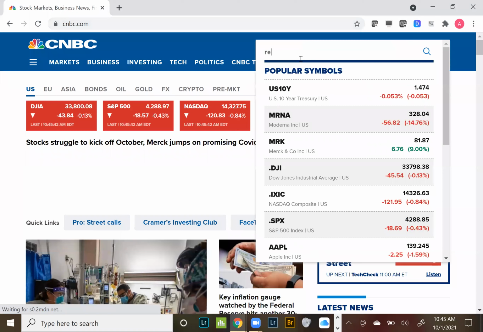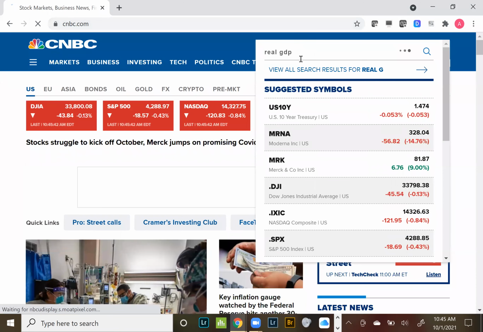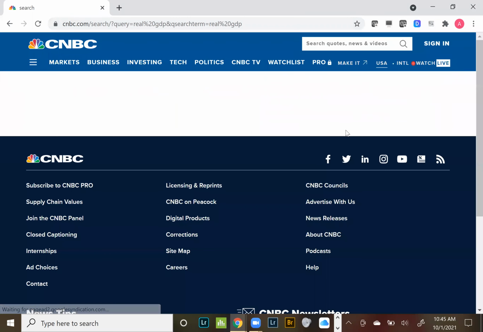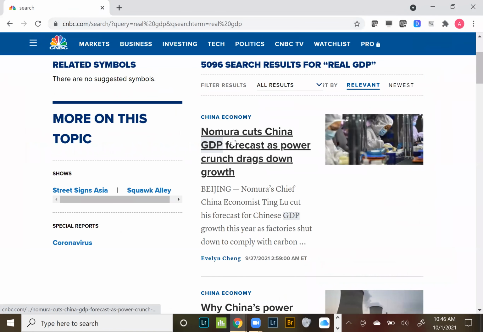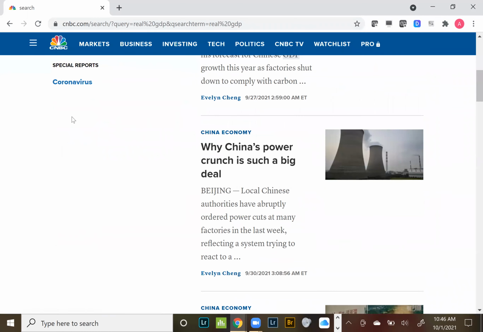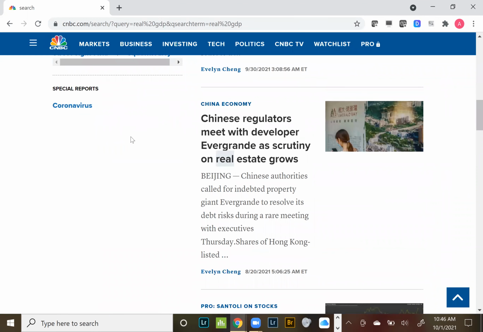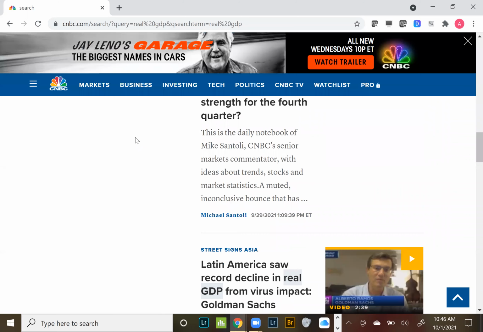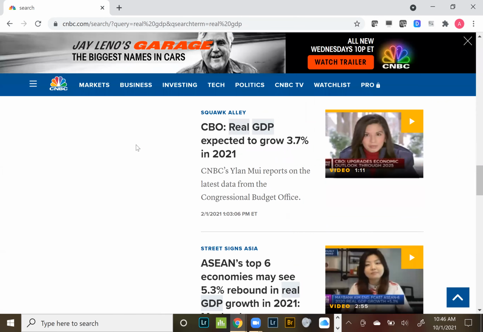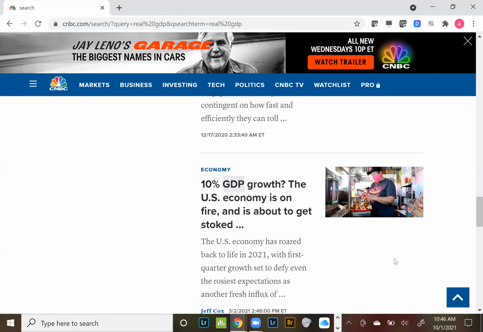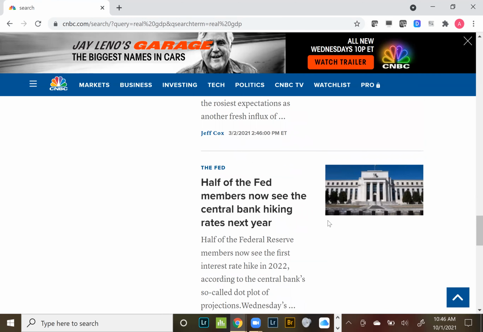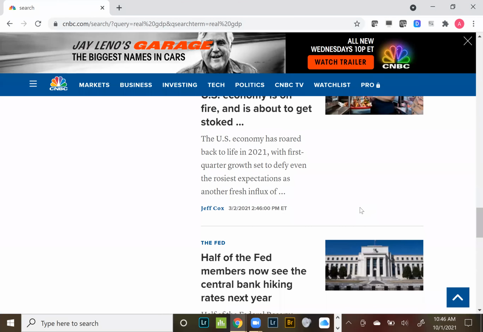It's real GDP that really matters. It'll always be real GDP, even if they don't specifically mention it. You can be pretty confident they're talking about real GDP. There it is. And this is Asia, of course. But anyway, that's the number that really matters to policymakers and to investors as well.